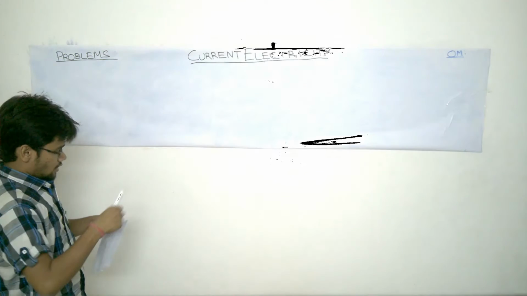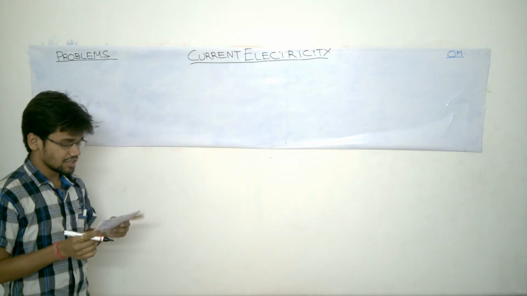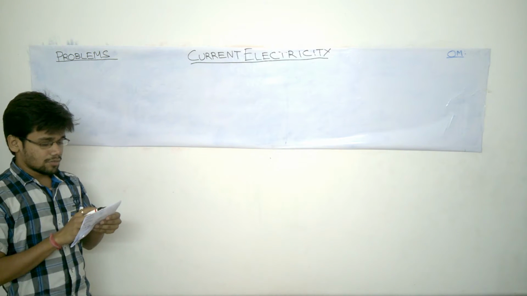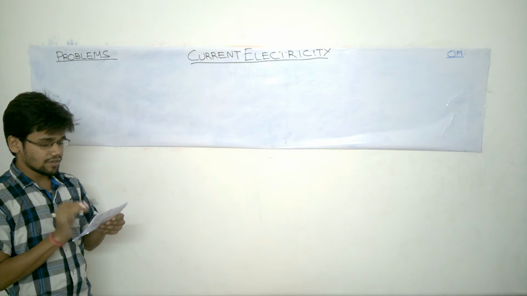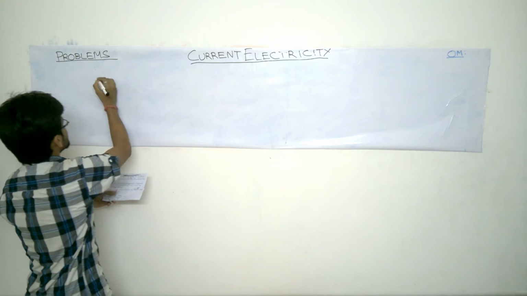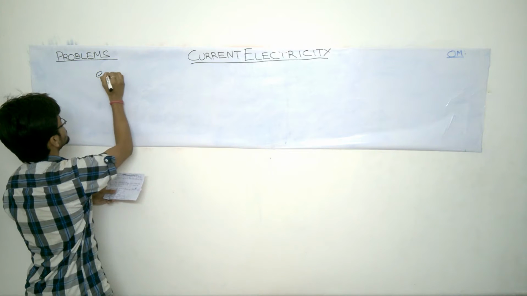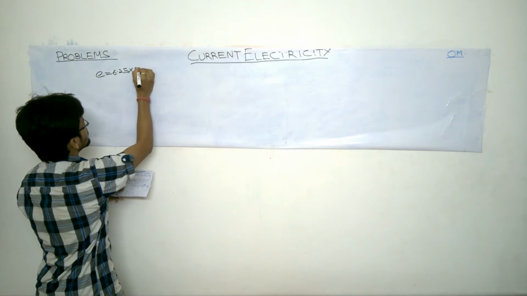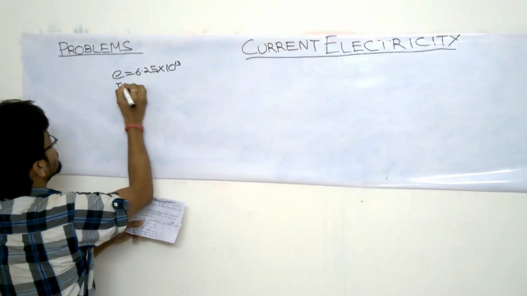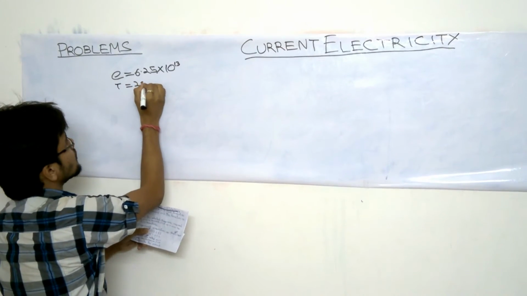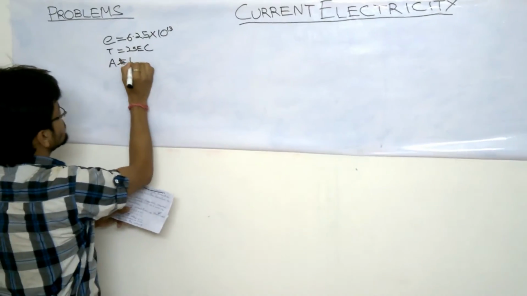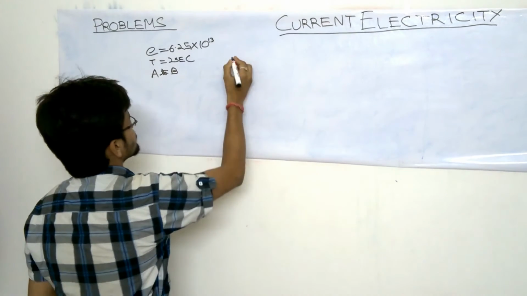Our given data, or the keywords in the problem, are 6.25 into 10 to the power 13 electrons, moving from A to B, and the time given is 2 seconds. Now we'll move on to the solution.